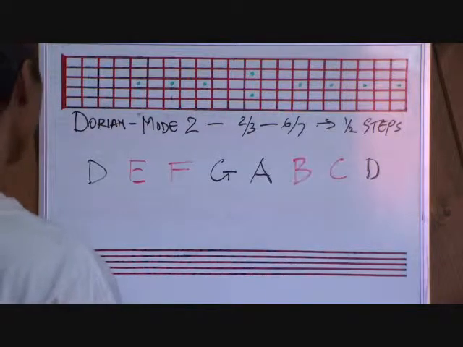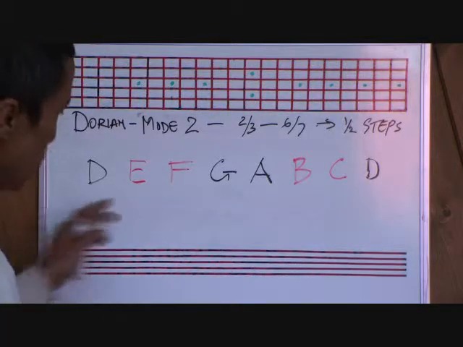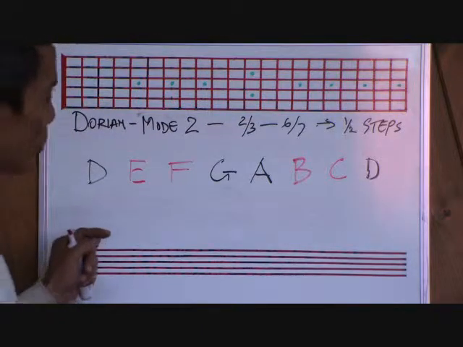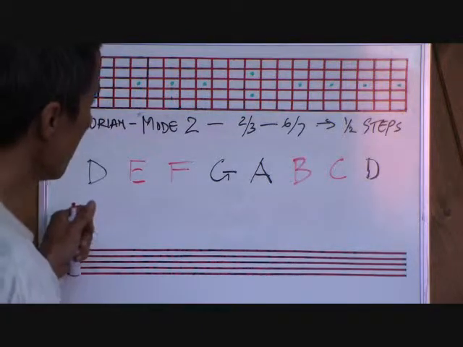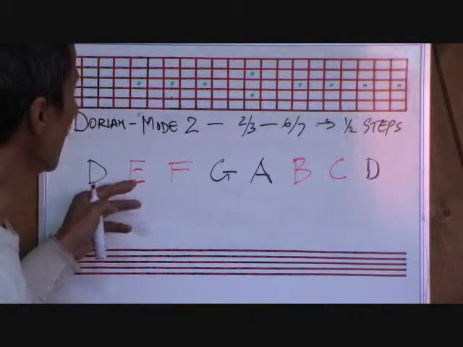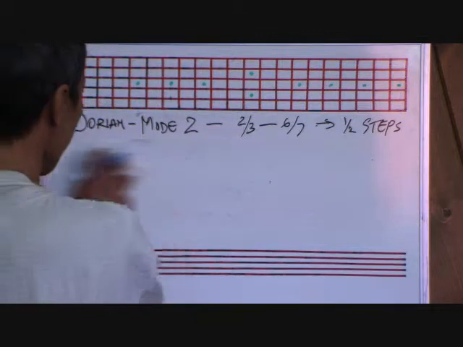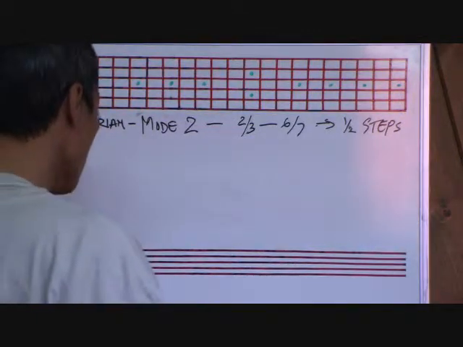Okay, now let's go up one step to the E. We're going to construct the E Dorian. Okay, just write it down.